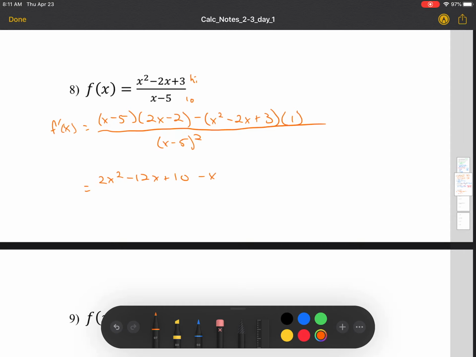Okay, simplify that again. 2x squared minus 12x plus 10 minus x squared plus 2x minus 3 all over our x minus 5 squared.